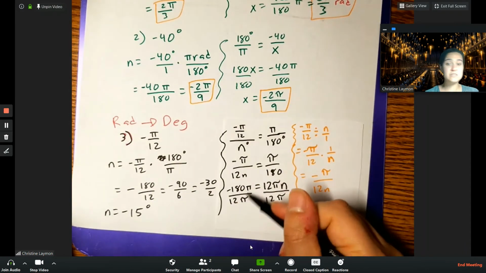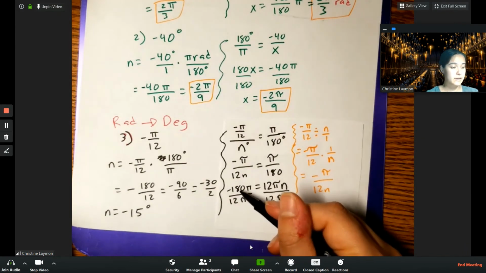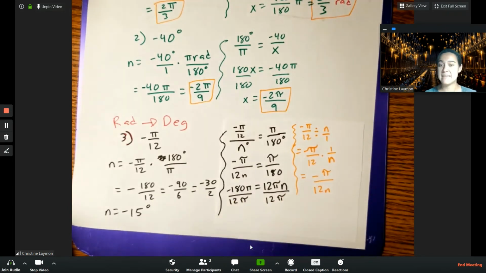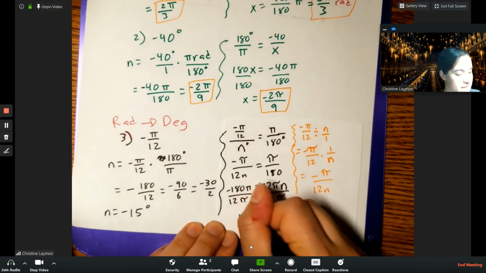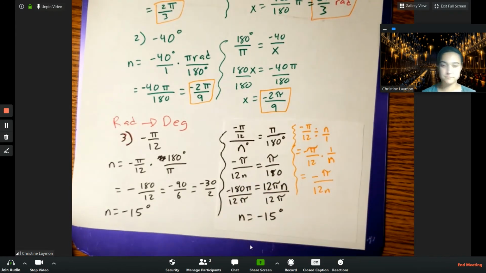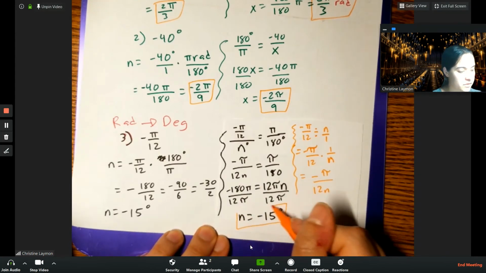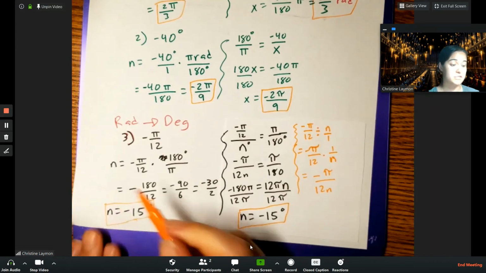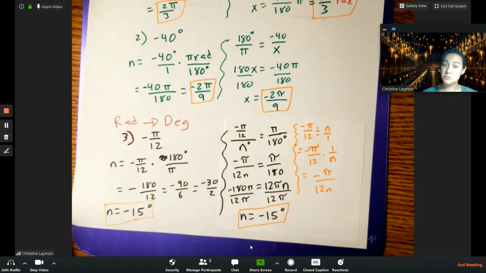The pi's will cancel, and negative 180 divided by 12, well, from our work here, that's negative 15. So n still equals negative 15 degrees. So again, the ratio method is better sometimes over others. This is one time when ratio looks a little bit more confusing, but it still works as long as you are okay with fractions.